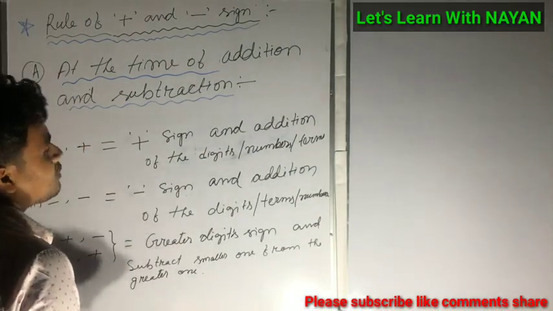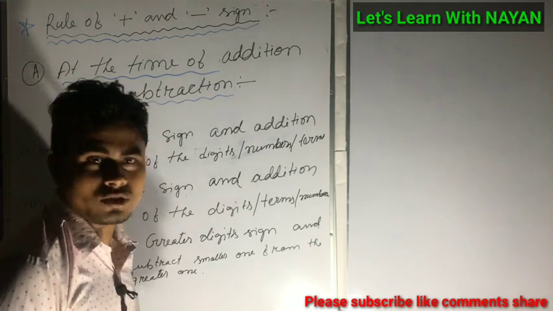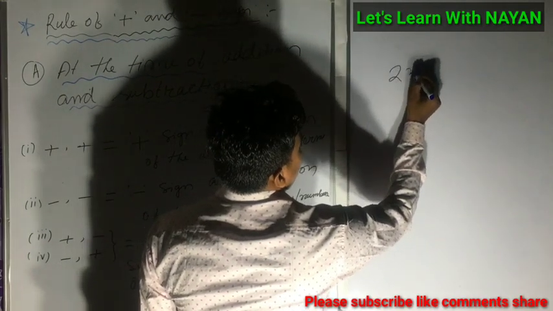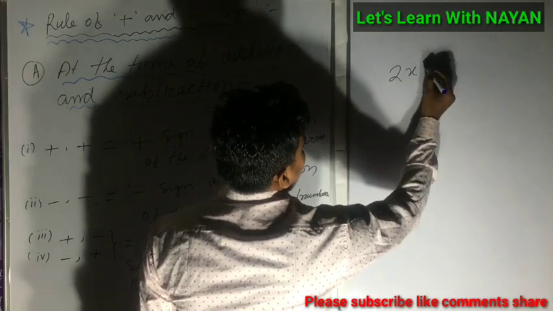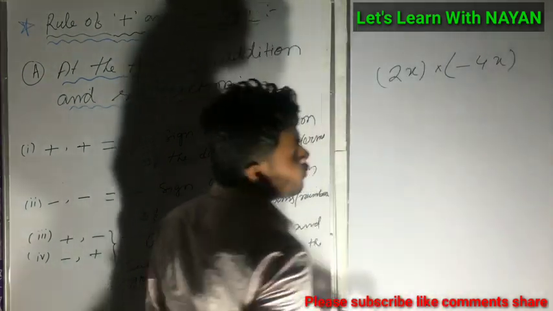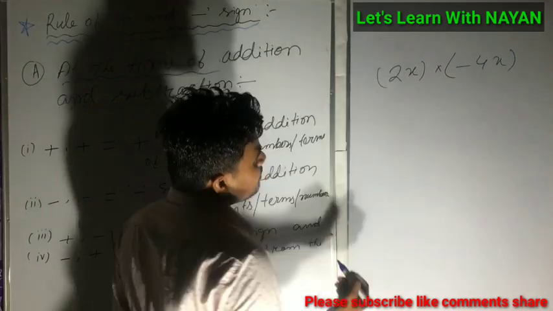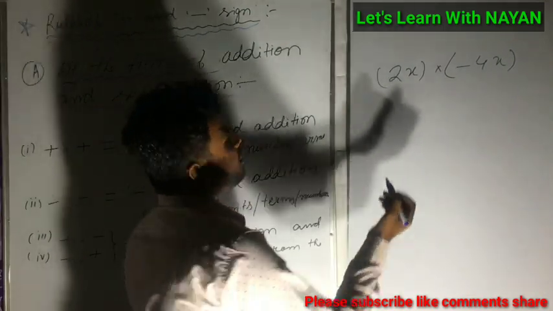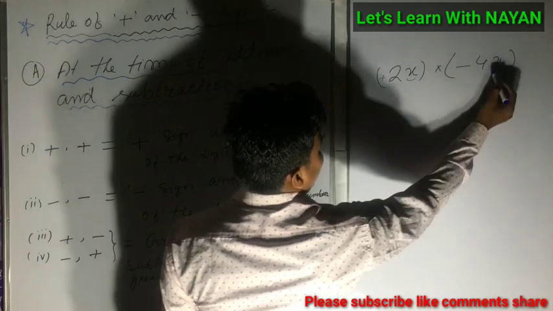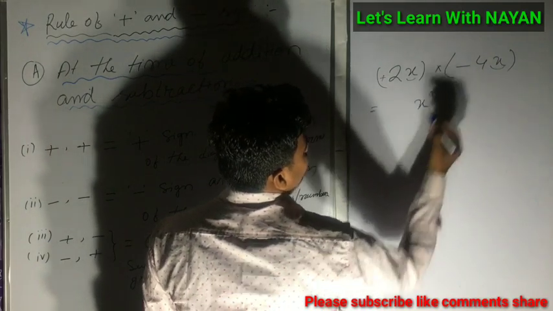Now I am reminding you of the multiplication and division rule. Suppose this is 2x and you have to multiply it with minus 4x. So what will we get? There is no sign, we know it is hidden, plus is there. This x and x is the same, so that will become x square.